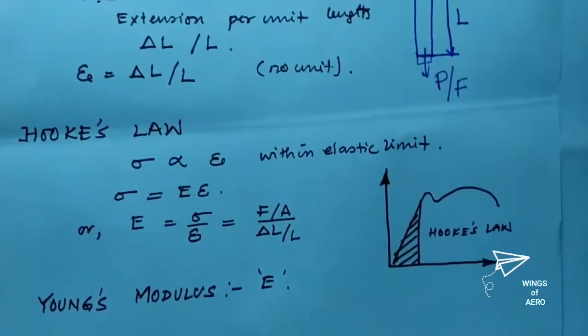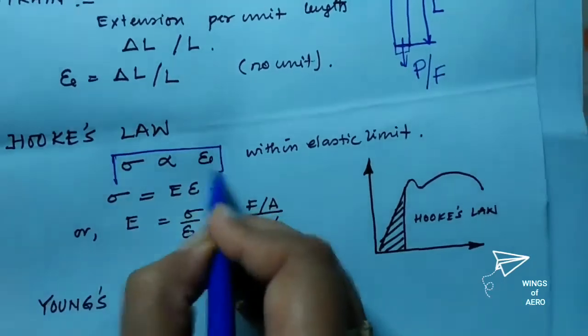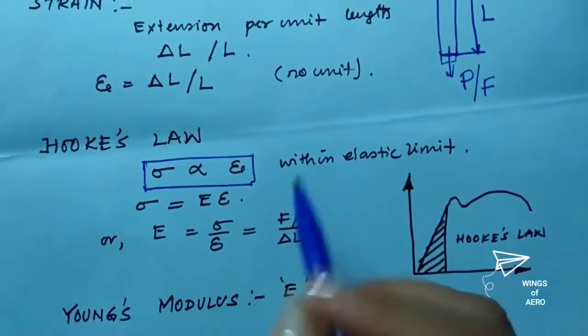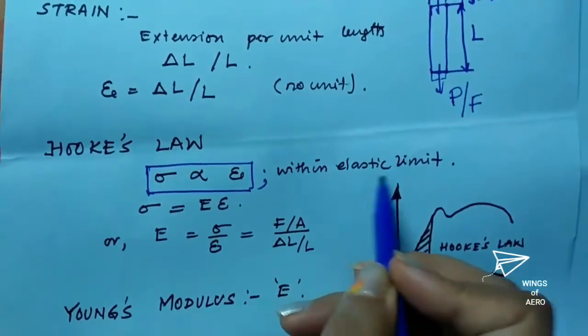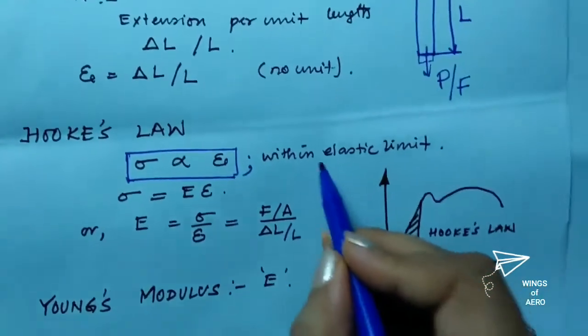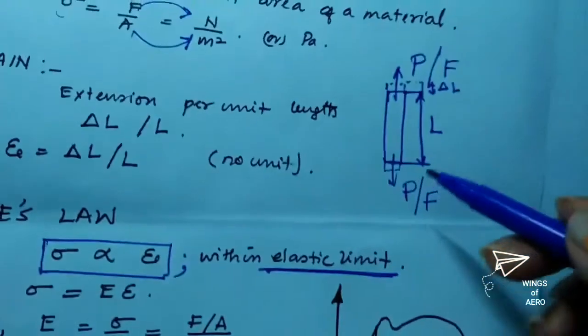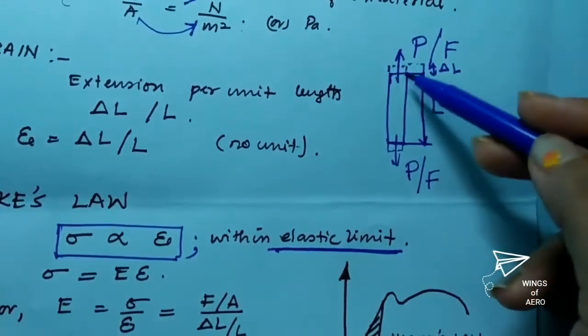Now we focus on what you mean by Hooke's law. Hooke's law is when the stress is directly proportional to the strain, and after that, a very important thing, within the elastic limit. What do you mean by elastic limit? Suppose, see the same figure, a tensile load is applied on this bar.